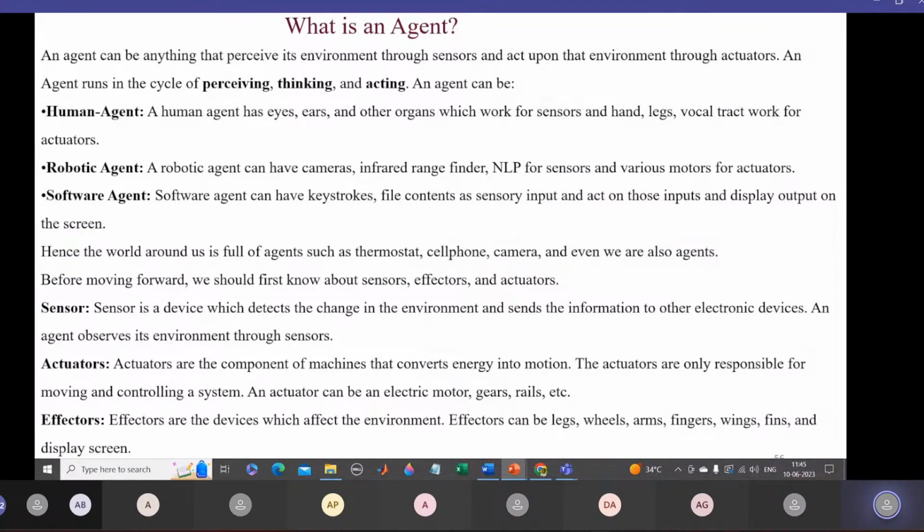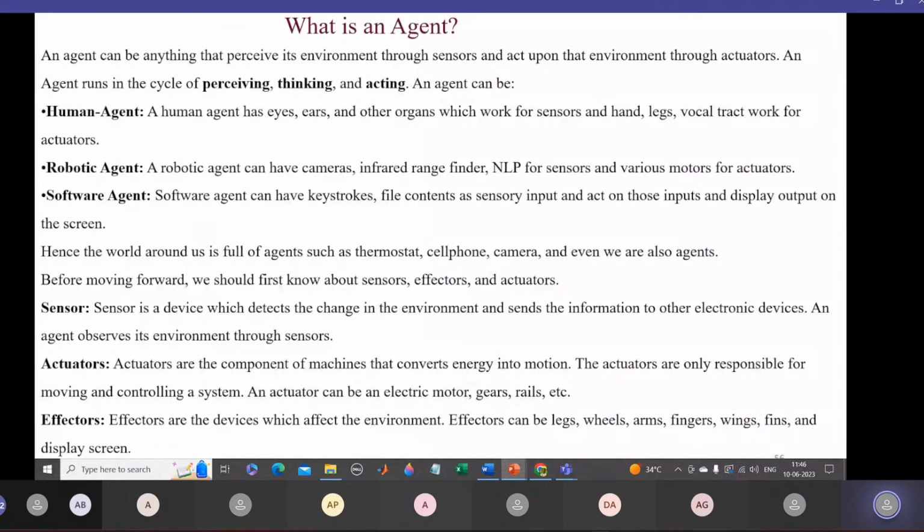Before moving on, we have to know what sensors, actuators, and effectors are. A sensor is a device that can detect changes in the environment and send the information to other devices, in whatever form that device needs. So an agent observes its environment through the sensors. Actuators are the components of machines that convert energy into motion, the movement, the action they do.